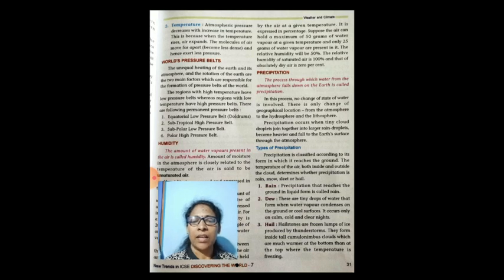Third, hail. Hailstones are frozen lumps of ice produced by thunderstorms. They form inside tall cumulonimbus clouds, which are much warmer at the bottom than at the top, where the temperature is freezing.